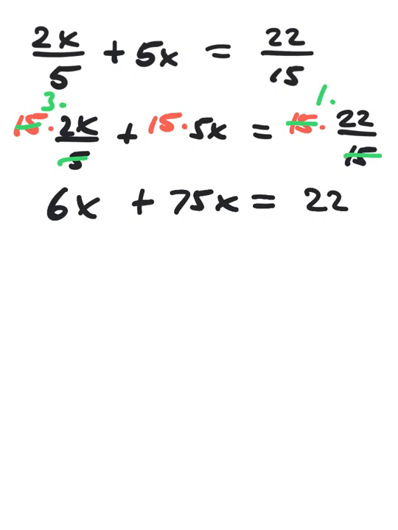6x plus 75x, they're on the same side. Just do one common calculation, combining like terms. 6x plus 75x equals 81x. And that's still equal to 22. Since the x term has been separated from the constant term, you can now use division to isolate x fully.